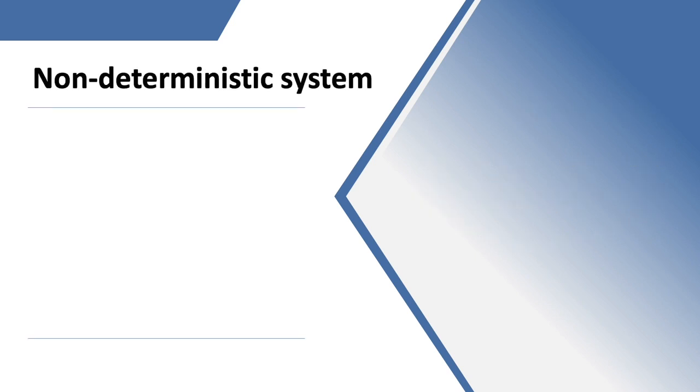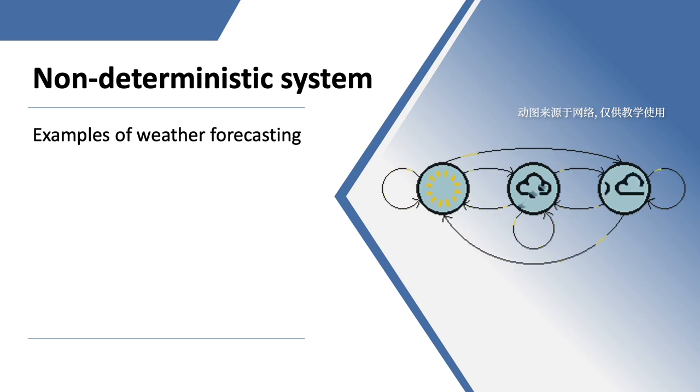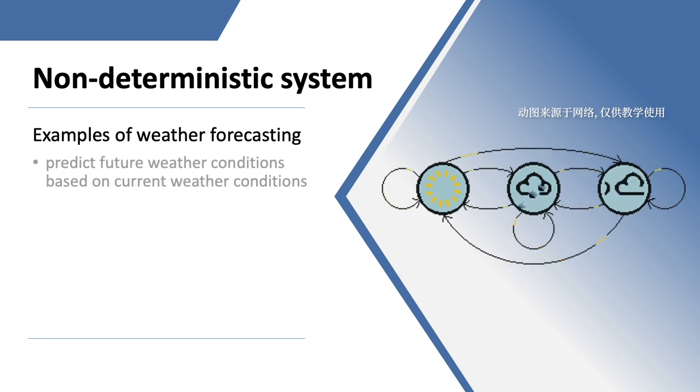There are many uncertain systems in practice. Here is an example of weather forecasting. We hope to predict future weather conditions based on current weather conditions. Unlike the traffic light example above, we cannot rely on existing knowledge to determine the shift of weather conditions.